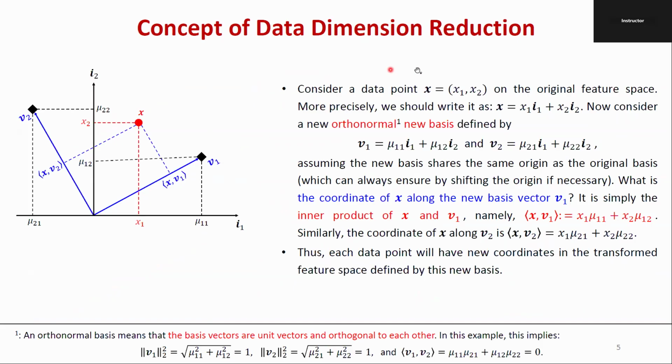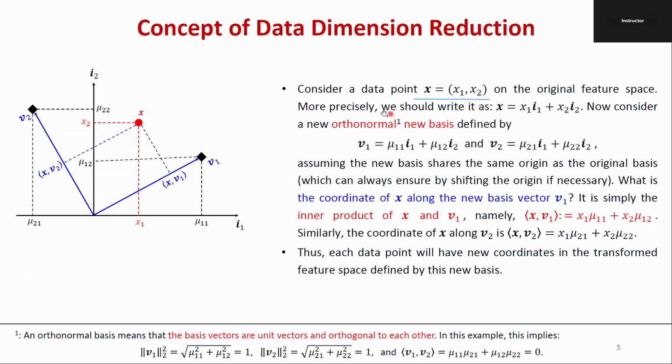Consider a data point, which is here. Suppose the data point in the original coordinates is x1, x2.